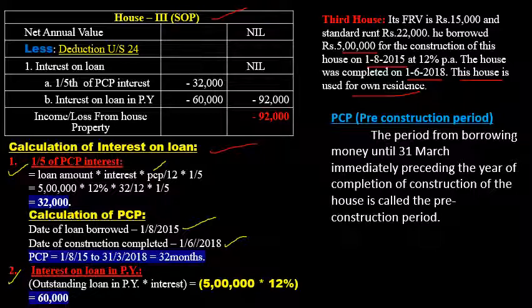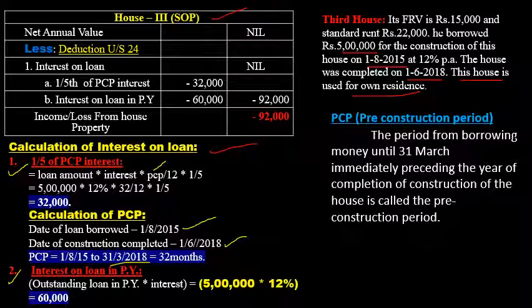The PCP starts on the date the loan was borrowed, 1st August 2015, and ends on 31st March prior to the date on which the construction was completed. Since the construction was completed in June 2018, we calculate the PCP only till the previous 31st March.